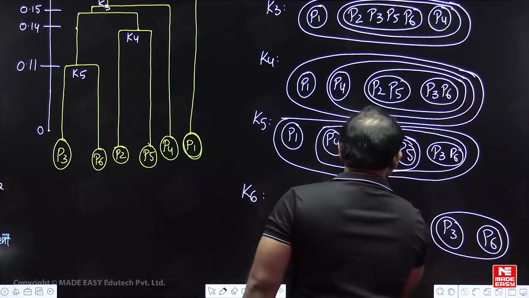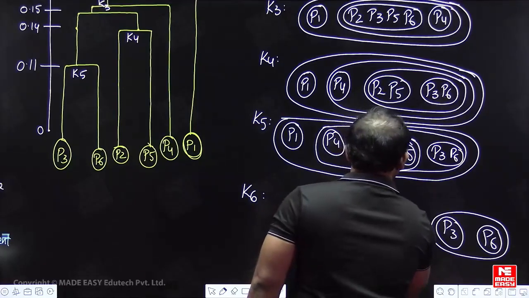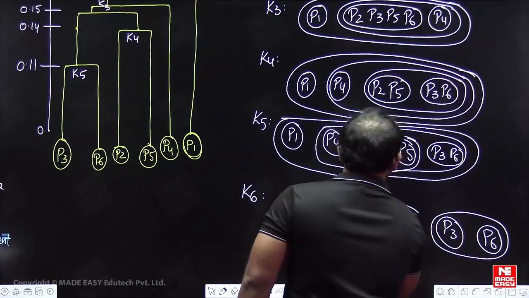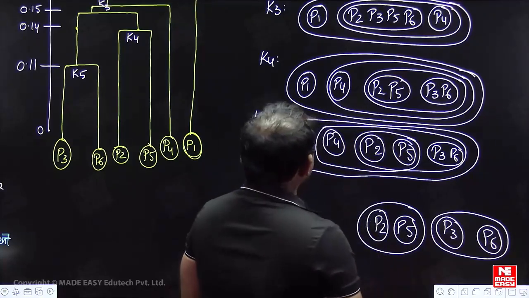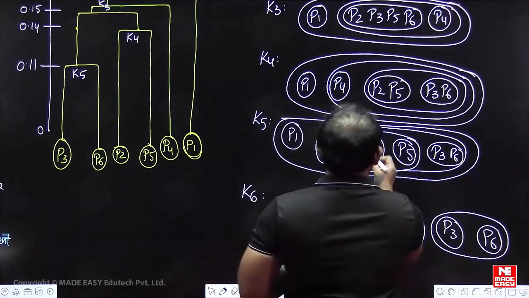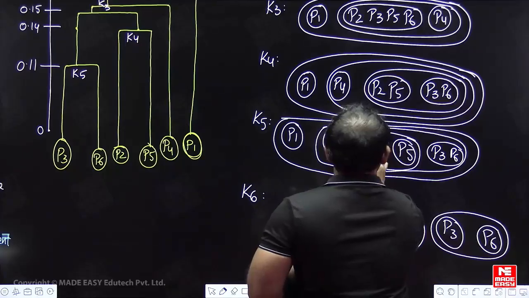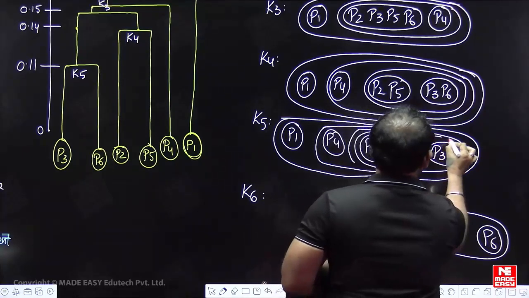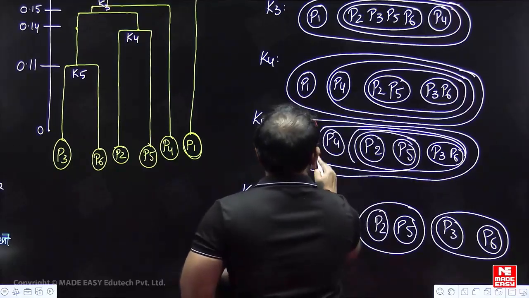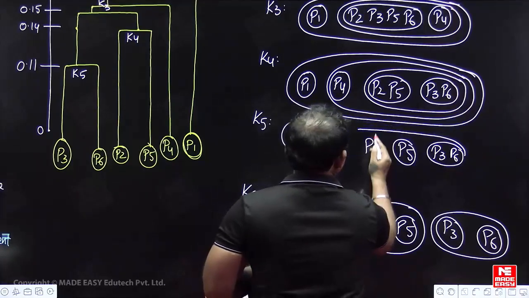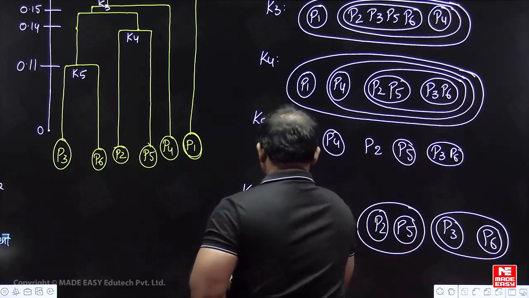Okay, then P2 separate, P5 separate. They are in one cluster. Correct? So now here one is missing. One second. Let me draw this once again.